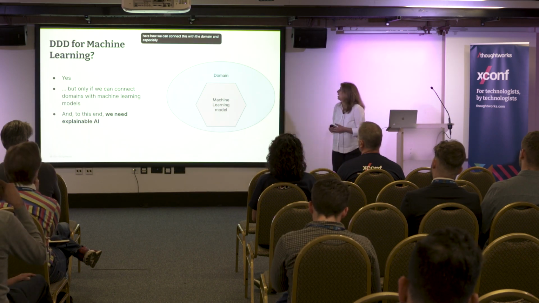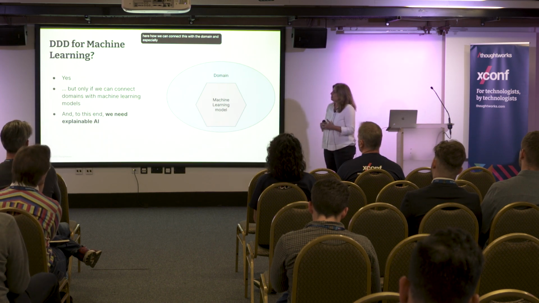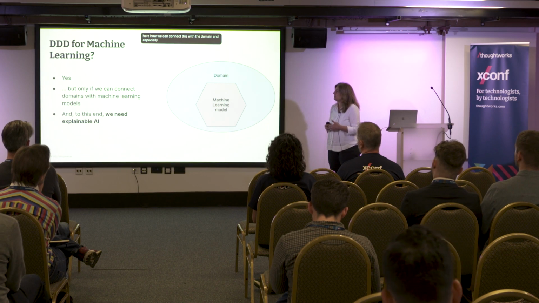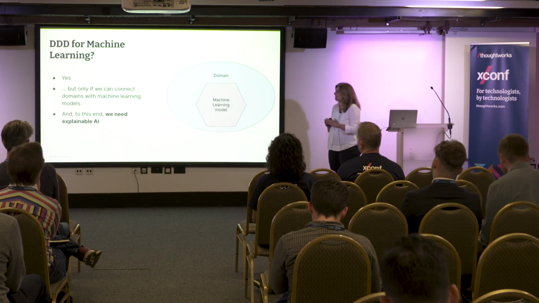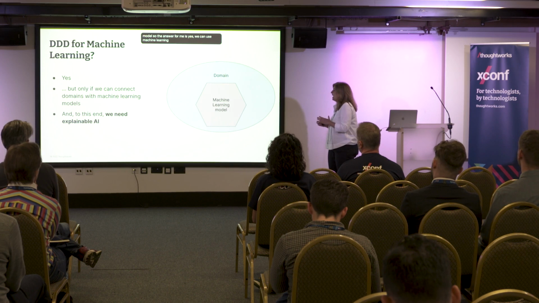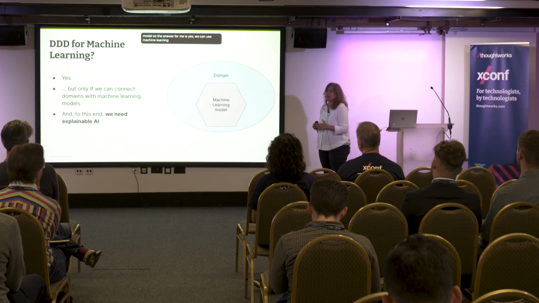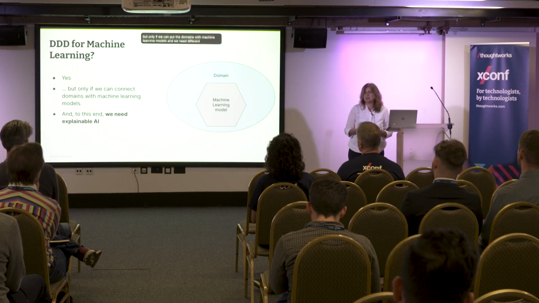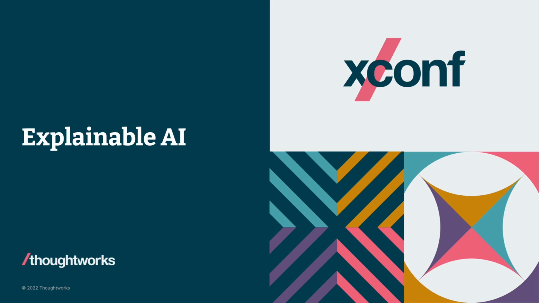Well, so the answer for me is yes, we can use DDD for machine learning, but only if we can connect domains with machine learning models. And I think to this end, we need explainable artificial intelligence. So this is the reason why we are here today talking about explainable artificial intelligence.